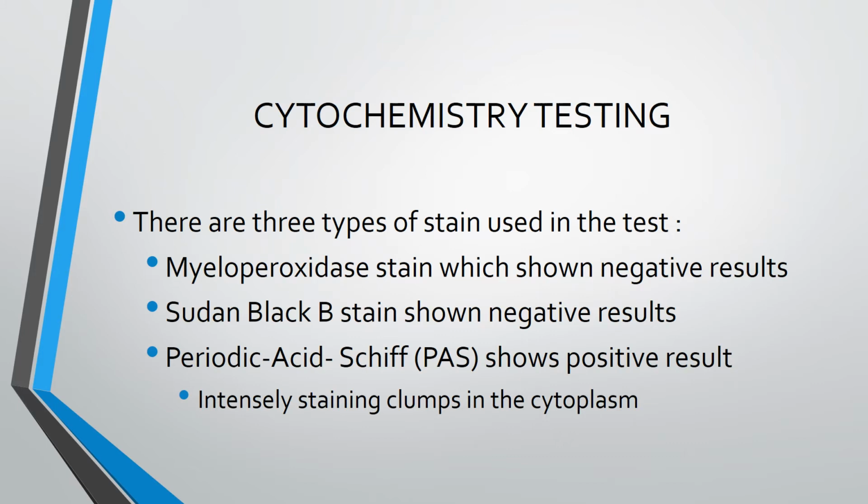There are 3 types of stain used in this test: myeloperoxidase stain, which shows a negative result, and Sudan Black B stain, which shows a negative result. However, PAS shows a positive result, whereby the result shows intensive staining clumps in the cytoplasm.